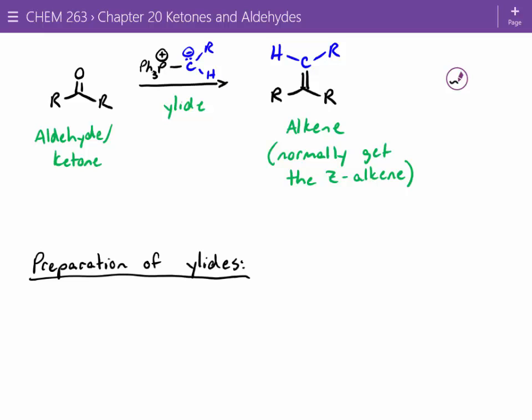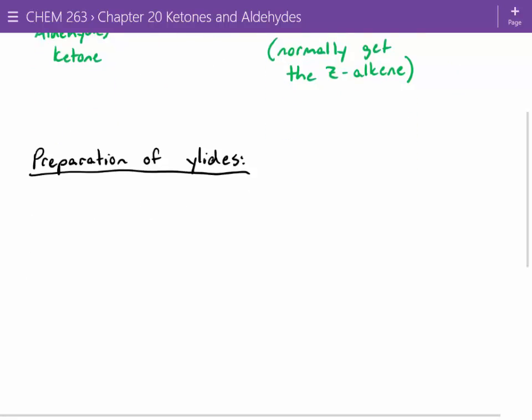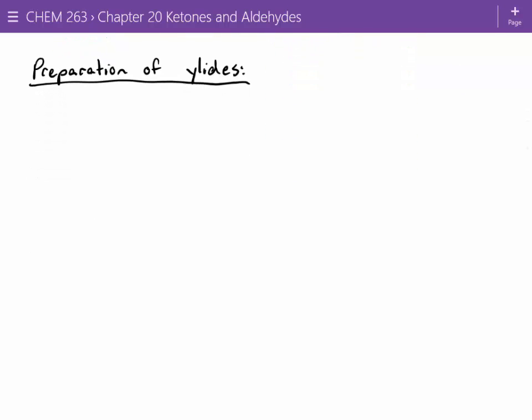All right, so the ylide is that carbon nucleophile that I have drawn above the reaction arrow. And the preparation starts out with triphenylphosphine. And I'm not going to draw out the benzene rings. I'm just going to abbreviate them as Ph. And then you react this with an alkyl halide. Actually, let me move this up a bit.